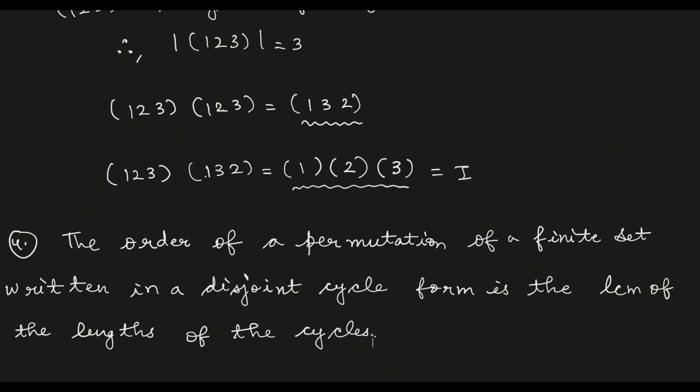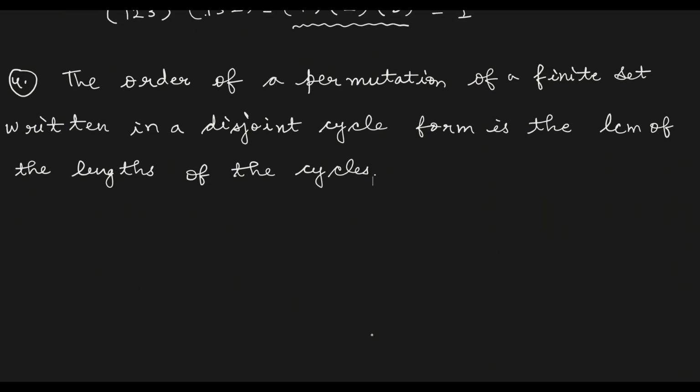The order of a permutation of a finite set which is written in a disjoint cycle form is the LCM of the lengths of the cycles.